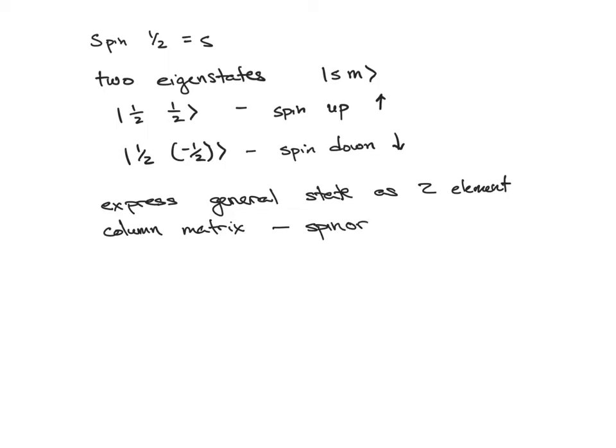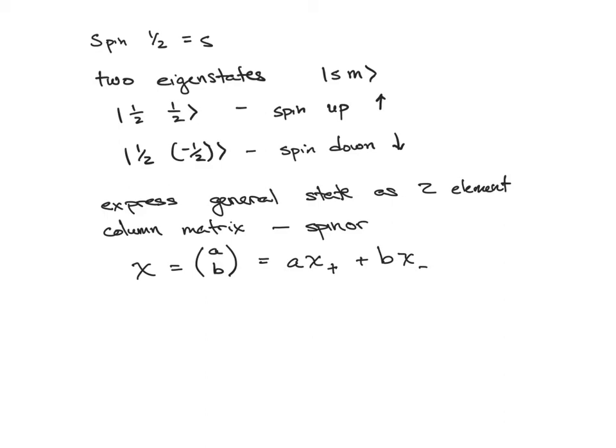All right, so for our 2 element column matrix, we're going to use chi, and we're going to call our 2 elements A and B. What does that mean? That means A is expressing our spin up and B our spin down. Our general state of this particle is a combination of those 2 possible states. It could be spin up or spin down.